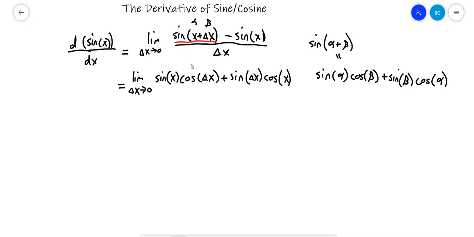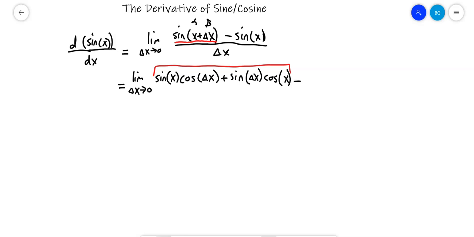That takes care of this. Okay, and so now we just need to do minus sine x. I'm running out of room, so I'm going to erase my identity here. So that's minus sine x. We want to color code just so people can see more clearly where I'm getting this expression. That came from there. And of course the delta x is just coming from the original delta x.